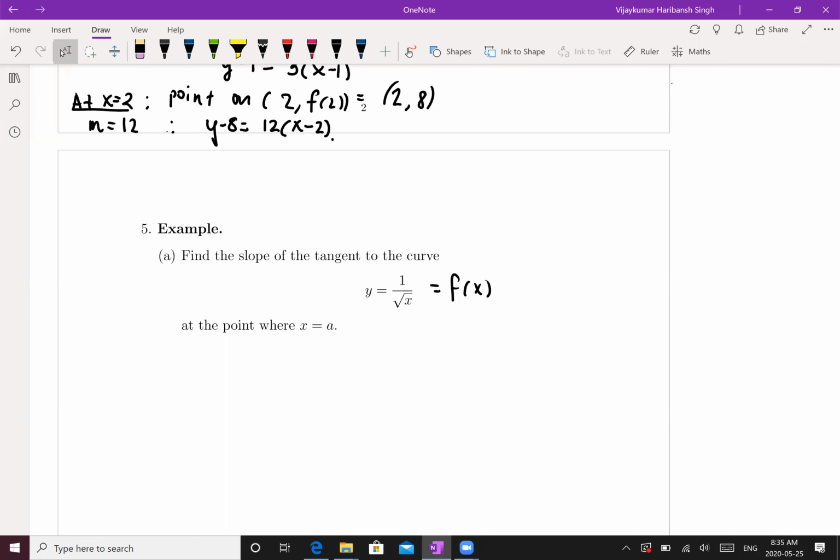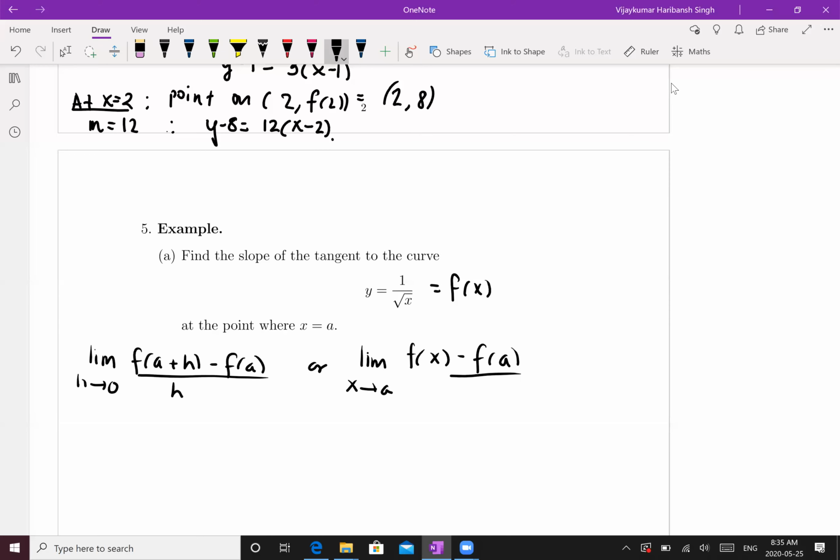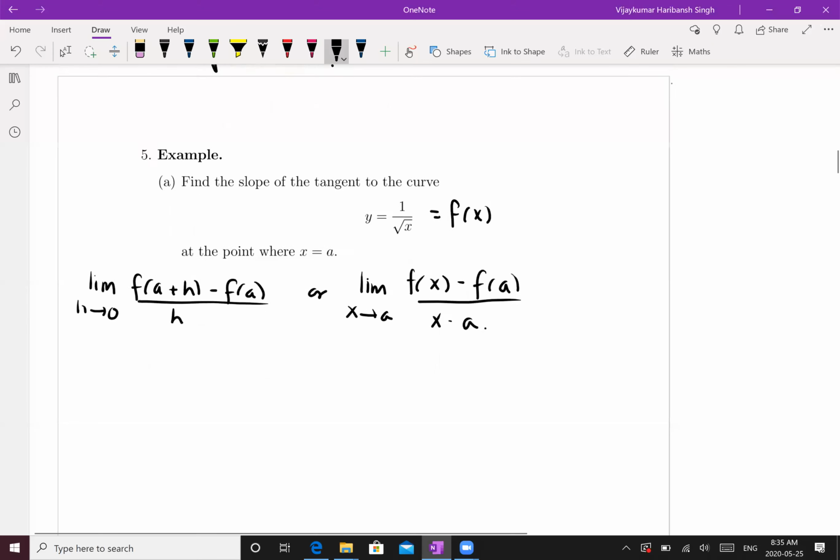Now you can compute it either way: limit as h goes to 0 of f(a + h) minus f(a) over h, or limit as x goes to a of f(x) minus f(a) over x minus a. Either way is good. I'll use the first one here.